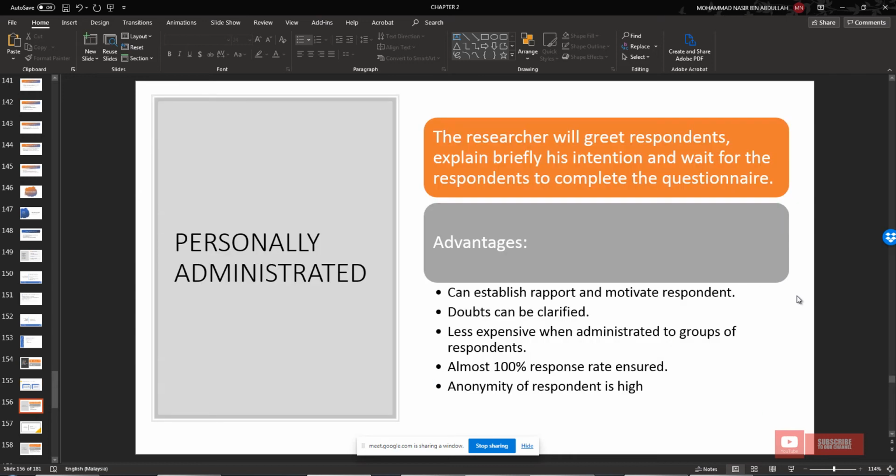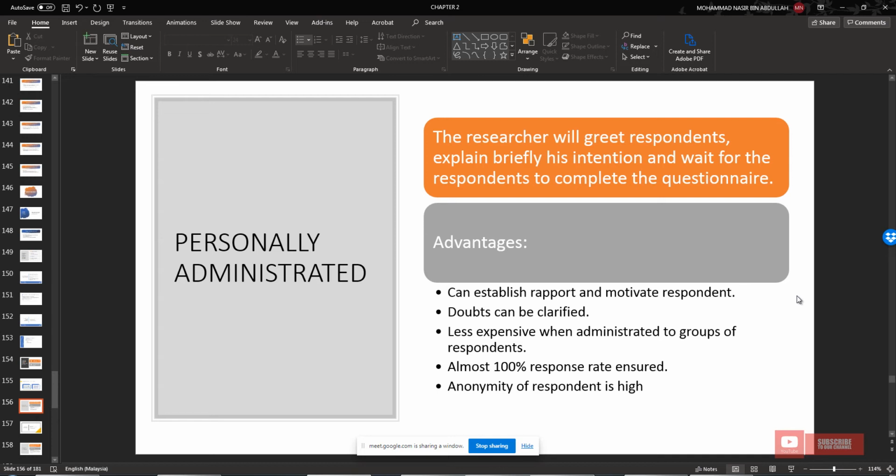For personally administered, the researcher will greet the respondent, explain briefly his intention, and wait for the respondent to complete the questionnaire. It means you bring the questionnaire and give it to the respondent. This is questionnaire data collection, right?